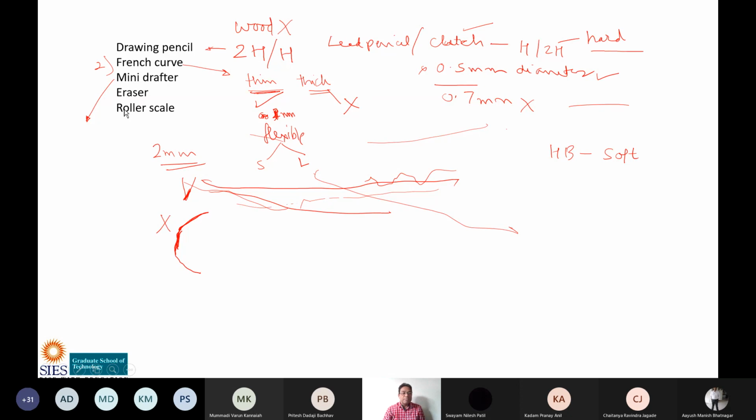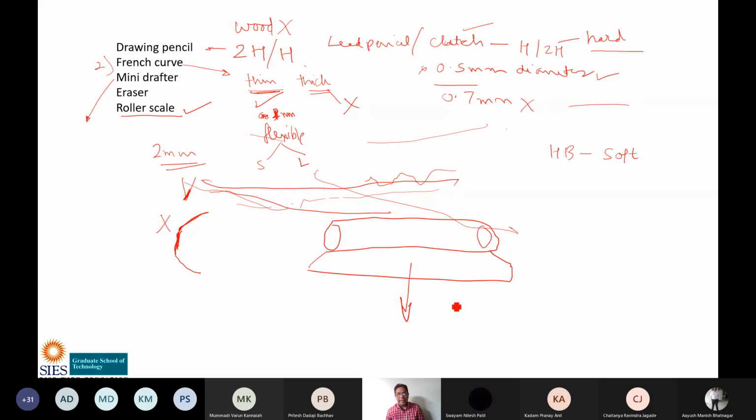So instead of mini drafter, you can purchase this roller scale. Roller scale is a scale. Basically, it is a scale like this, and there is a roller here. Using this roller, you can move the scale in any direction. So it works similar to a mini drafter, and it's less costly as compared to it.